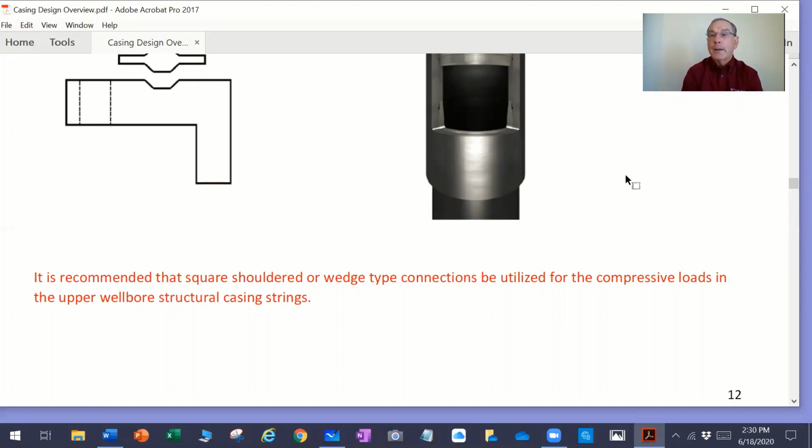Remember, your surface casing, or the upper part of the surface casing, or conductor casing or structural casing, is going to be in compressional loads and has to hold up all the weight of all the casing strings run in that entire wellbore. You would want something with very robust mechanical integrity, like square shoulder type connections or wedge connections in the structural section for those compressive loads.